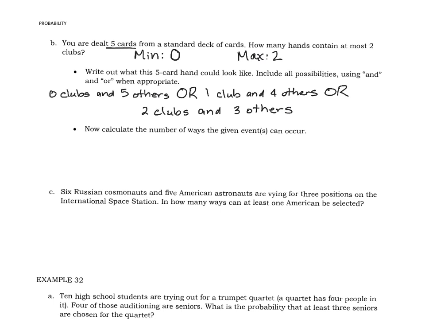So we have to remember, let's talk about what we have as far as the cards. We have 13 clubs. So our 2 categories here are we have clubs and then the other cards.